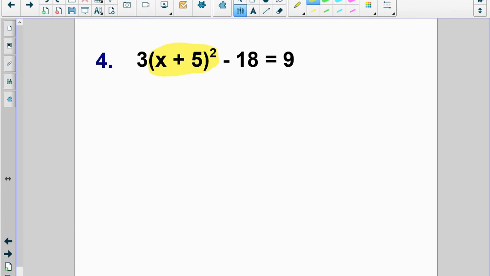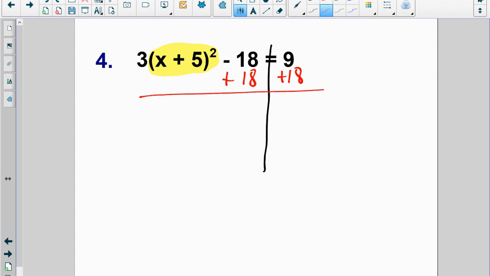So on this one, we are going to have to start by trying to get that by itself. Let's see, how do we do that? We have to get rid of the 3, but we also have to get rid of the 18. Let's undo the minus 18 first. That's what SADMAP would tell us to do. So I have 3 times x plus 5 squared equals 27.